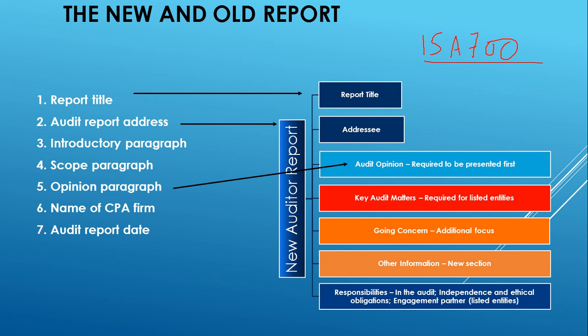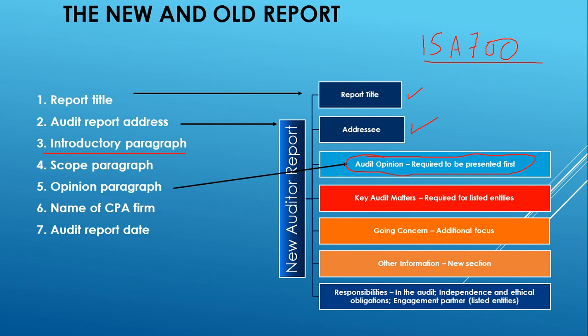The title is the same, the address is the same, but as we see here, there is no introductory paragraph in the first page, as there was in the old report. As we see here, the first thing is the audit opinion.